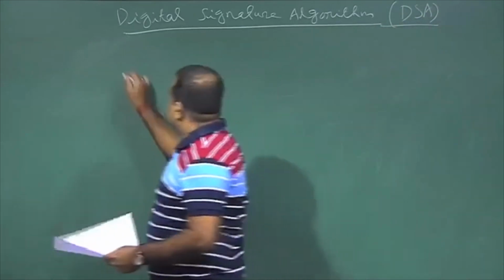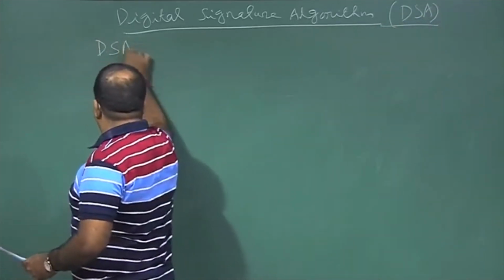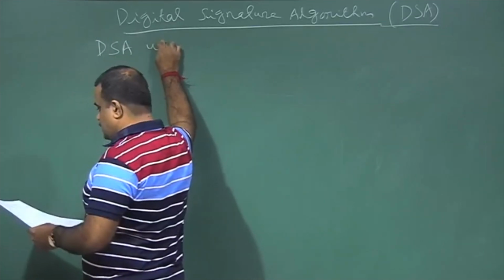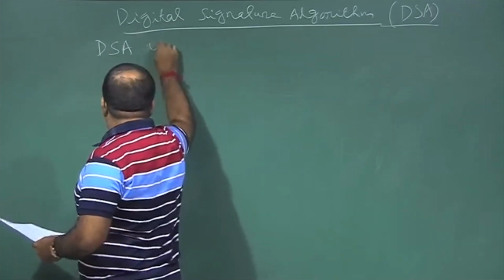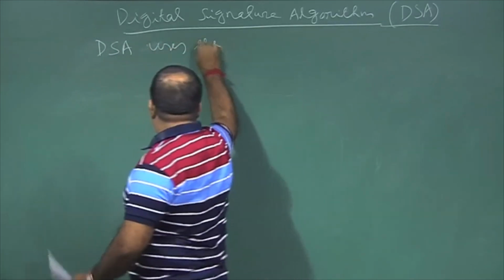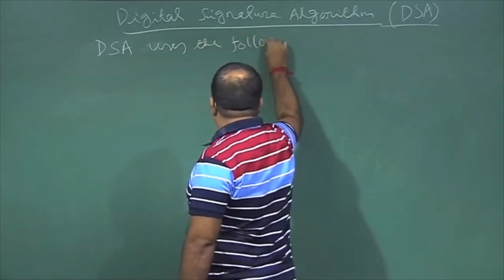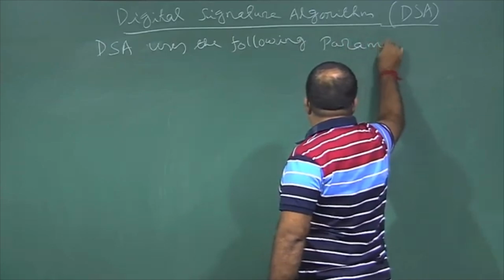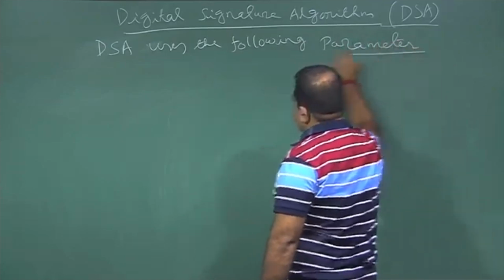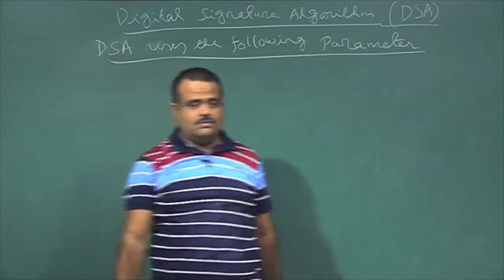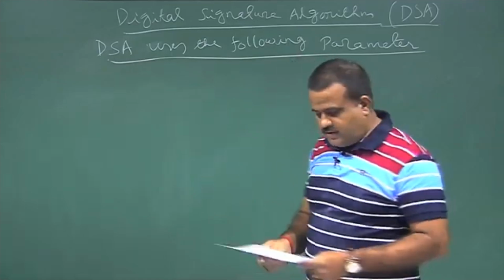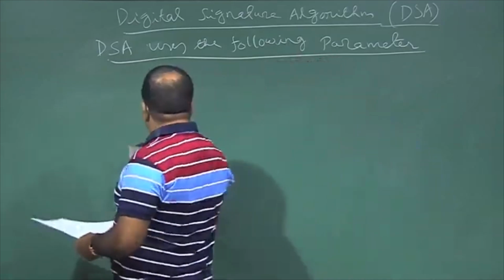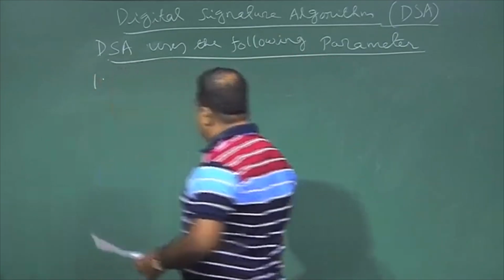So DSA uses the following parameters. This is the key generation step. These parameters are standard parameters, which is why we have to make this standard. We choose a p.